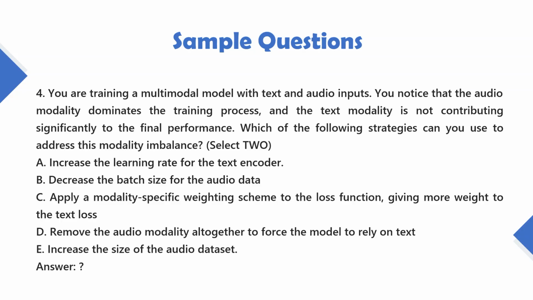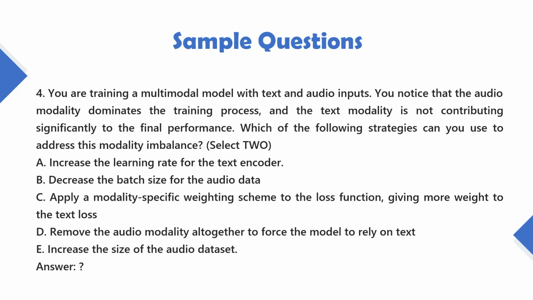4. You are training a multimodal model with text and audio inputs. You notice that the audio modality dominates the training process, and the text modality is not contributing significantly to the final performance. Which of the following strategies can you use to address this modality imbalance? Select 2.